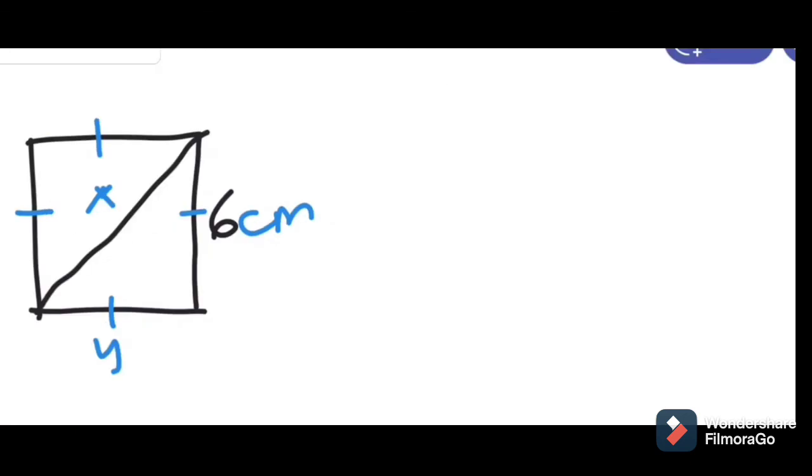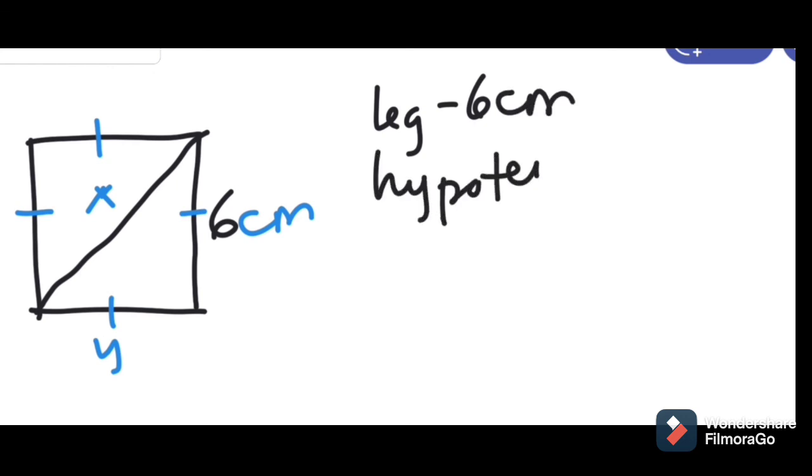What do we know? We have the leg is equal to 6 centimeters, and we are looking for the hypotenuse, which is x. To find the hypotenuse, we multiply the leg and the square root of 2.